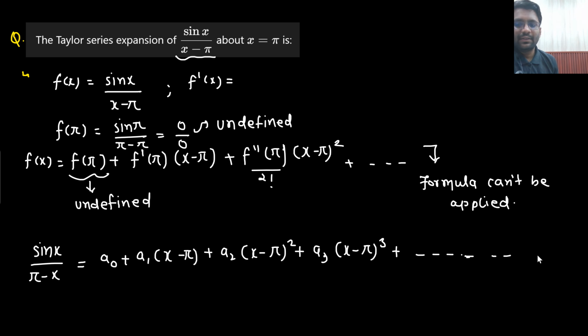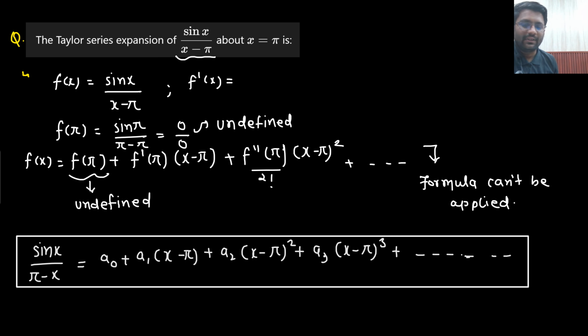The function is sin x divided by (x − pi). Let's represent sin x in terms of (x − pi). Let's expand sin x about x = pi. If I am able to expand it, then I will simply divide that expression by (x − pi) only.